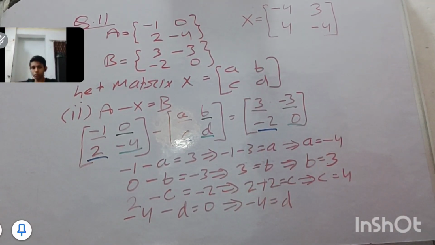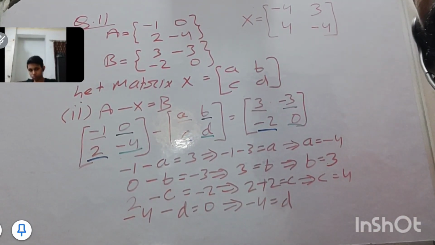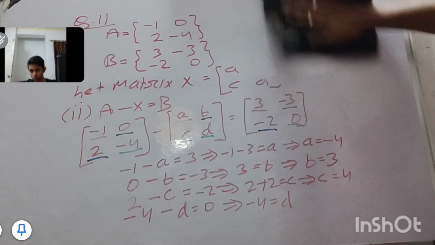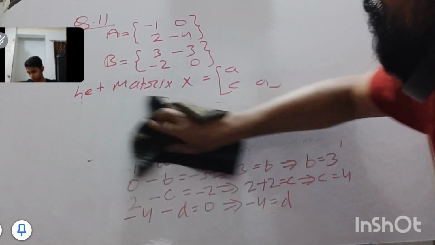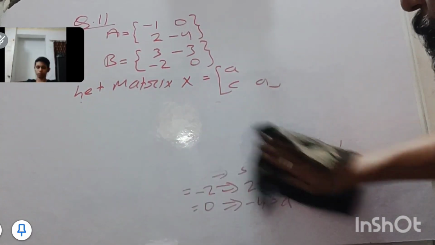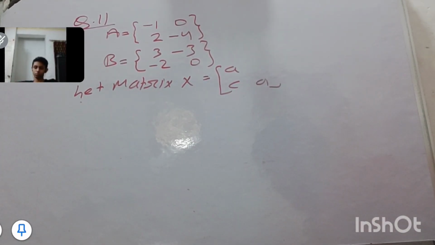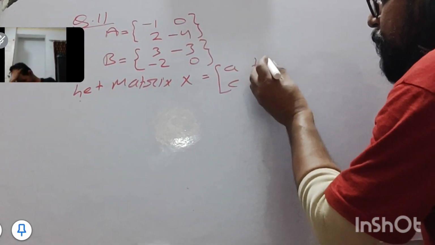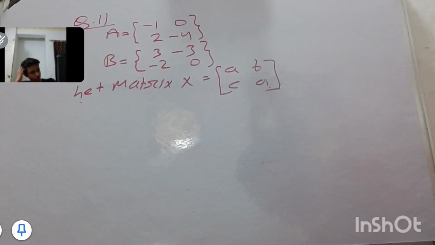Okay, now we are going to solve the third part of question number 11. Let matrix X be [a, b; c, d].